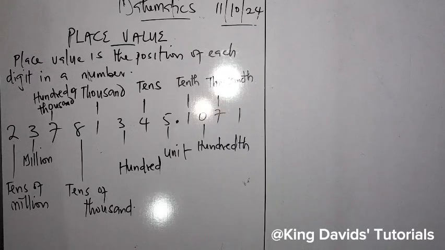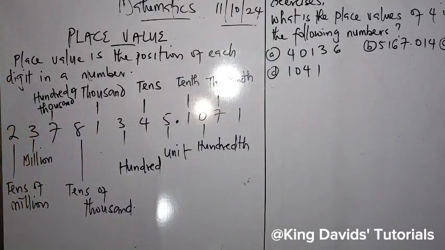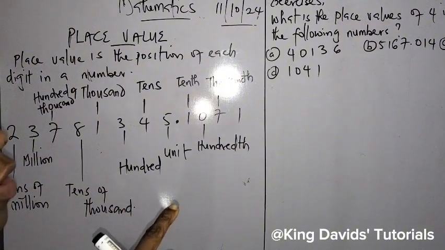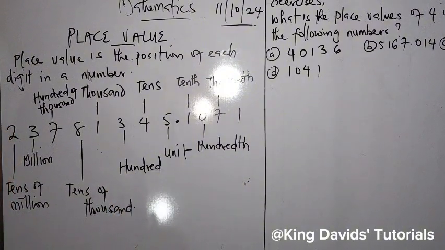Now let's look at some examples. These examples on the board, we are asked to find the place values of the digit 4 in the following numbers. Now let's go. Number 1.